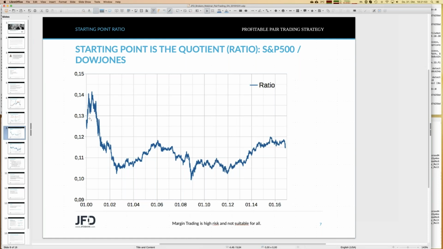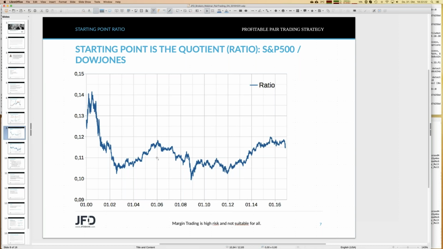Let's think just about long-term behavior, and set up virtually a line like 0.11, assuming that is the real and good ratio between the S&P 500 and Dow Jones. Now you can already see how the strategy would work.